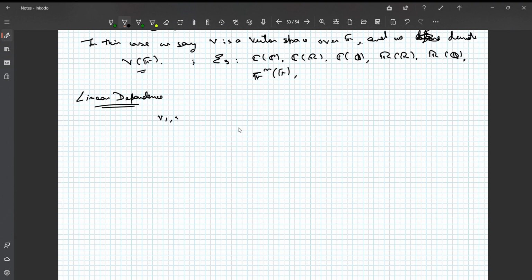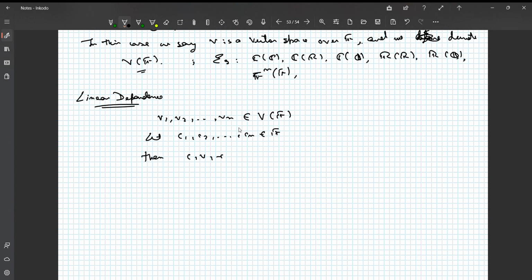So suppose you have some n elements, let's say v1, v2 till vn. Let us consider them to be from a vector space V over F. Elements in a vector space are called vectors, very literal. And let c1, c2 till cn be elements from the field. Elements from the underlying field are called scalars. Okay.